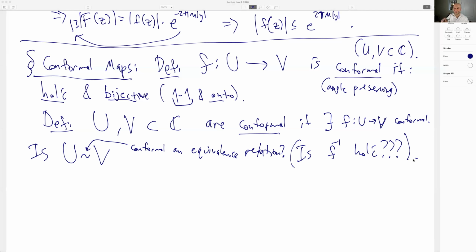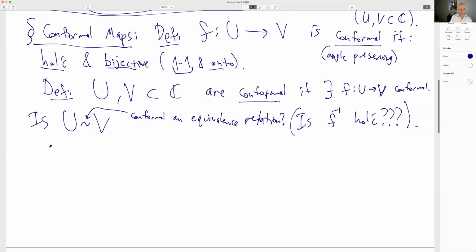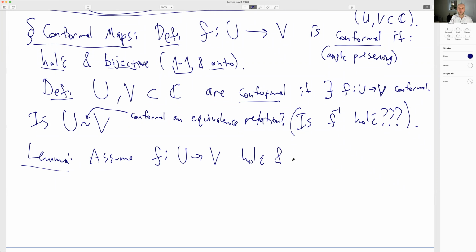You're one-to-one, you're onto, so every point has an inverse. We have a well-defined inverse function. Is it holomorphic? So now we need a couple of lemmas. Lemma: assume F from U to V is holomorphic and one-to-one. Then the derivative of F is never 0.